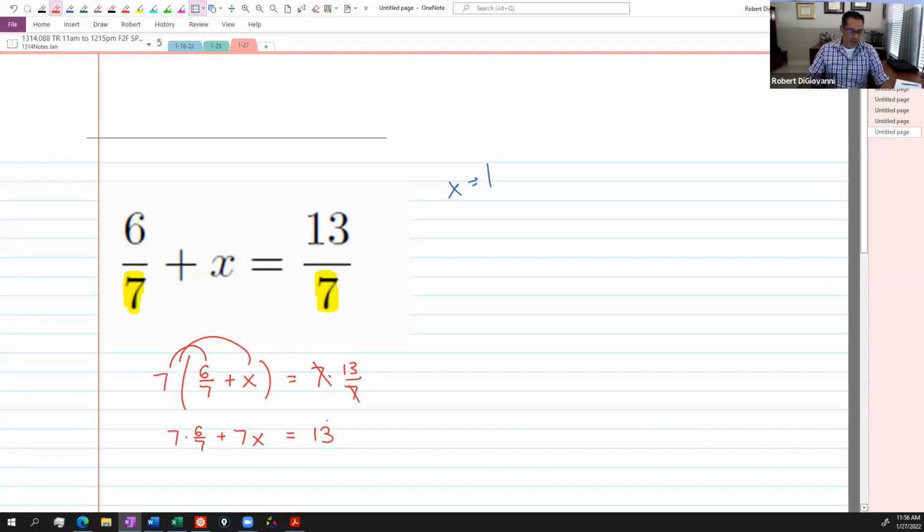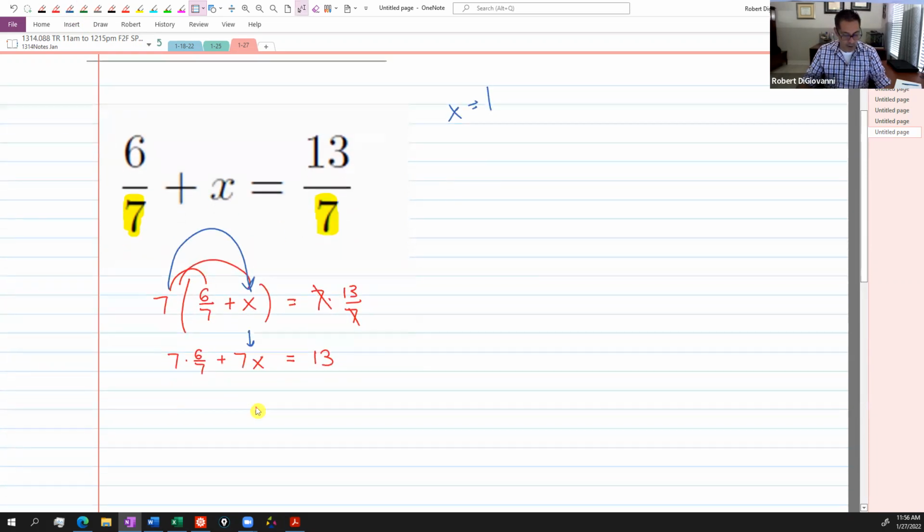The thing I think some people forget to do is this step right here, to get your 7x. Don't forget that part. And then when you do the 7 times 6 over 7, these 7's will cancel and you just get 6. So you have 6 plus 7x equal 13.